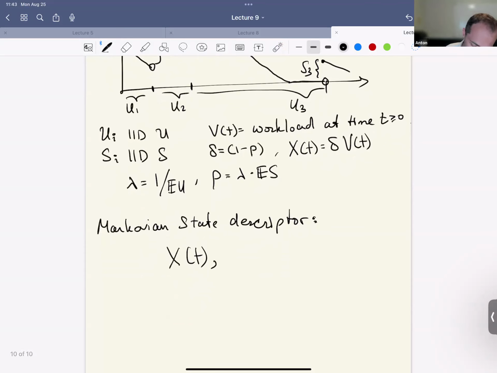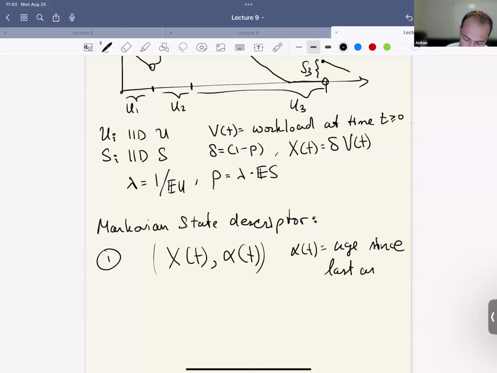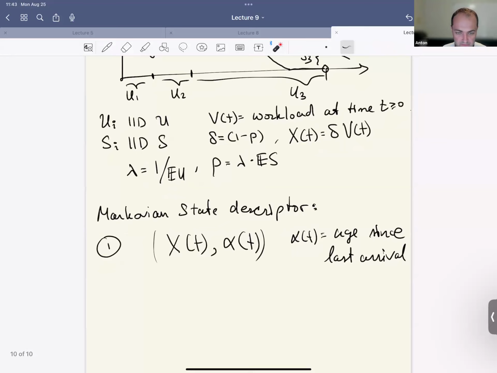So there are two descriptors we could use. We could look at the workload in the system, and maybe let me not use A, let me use alpha. And alpha is the age since last arrival. This is when the last arrival was, or this is called the backward recurrence time in the renewal process language.